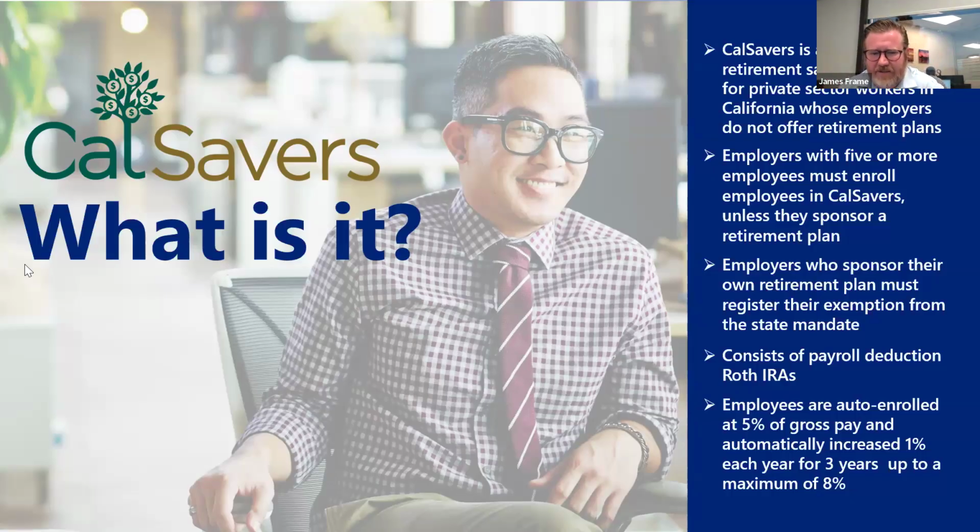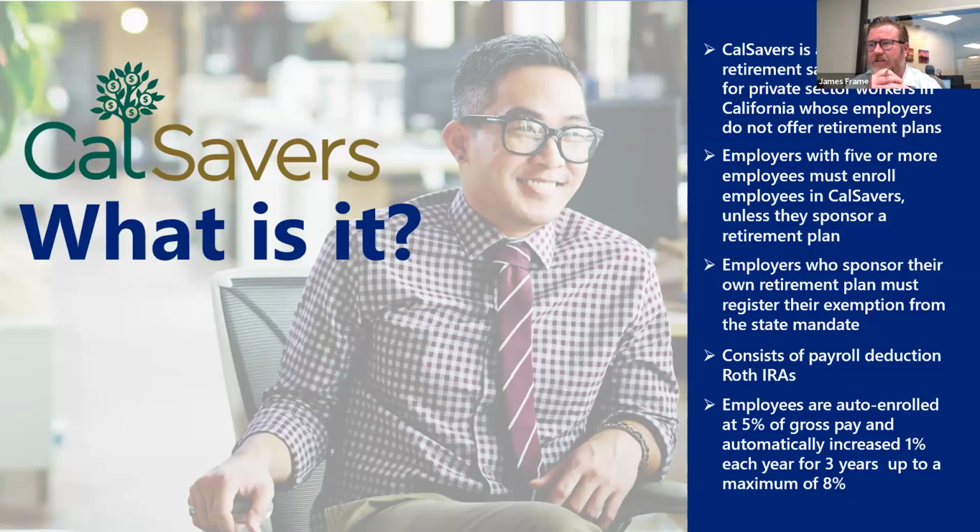So in the slide, it states that employers with 5 or more employees must enroll in this program. This is a little bit outdated. Someone keeps trying to join the lobby here, but I'll deal with that. Hold on one second. Anybody that has more than one employee must enroll in the program or set up a retirement plan.